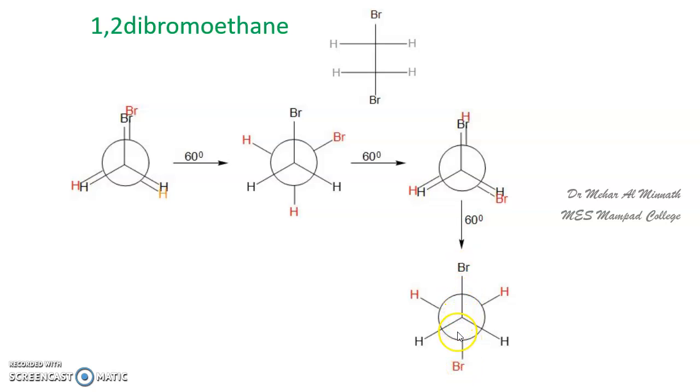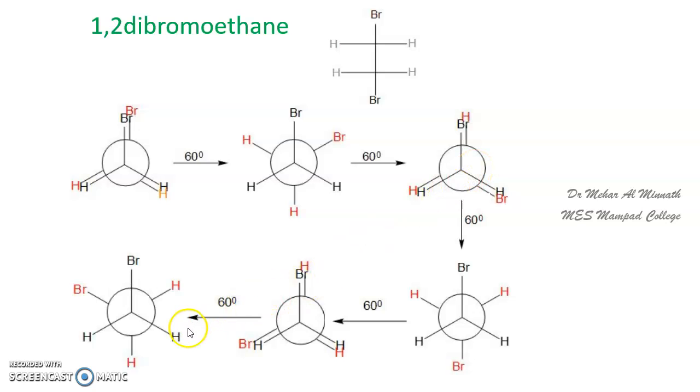The dihedral angle between the two bulky groups is 180 degree. So the two bromine atoms are anti to each other, in the anti-periplanar position, and hence this is the anti-conformer. Another 60-degree rotation, we arrive at another eclipsed conformation, similar to the third conformation we have seen.